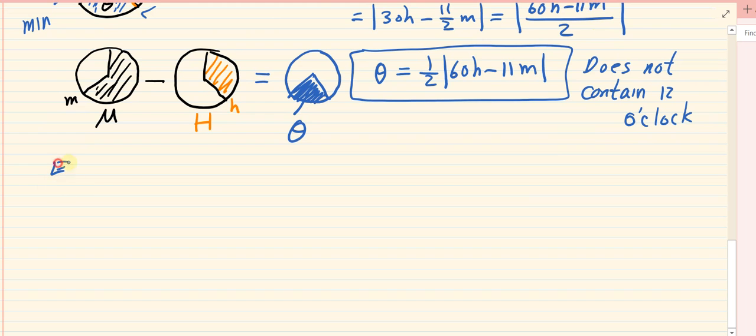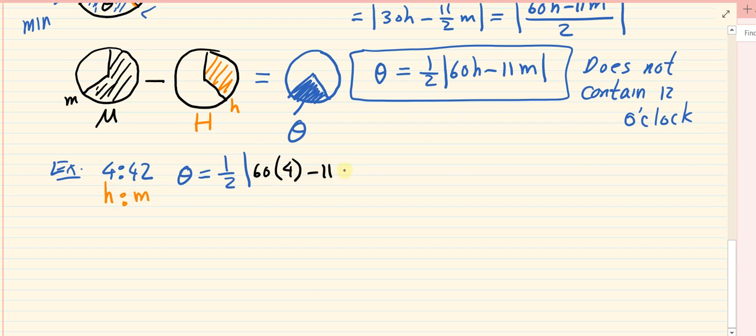Let's try our example. Let's say at 4:42, the measure of angle theta is going to be 1/2. Remember, at 4:42 the hour portion, little h, is 4, and the minute portion, little m, is 42. So our formula is going to be 60 times h, which is 4, minus 11 times m, which is 42.